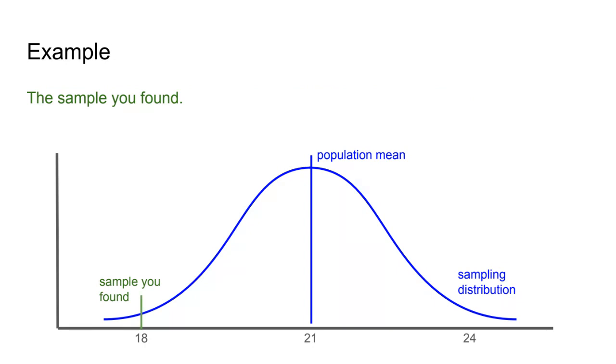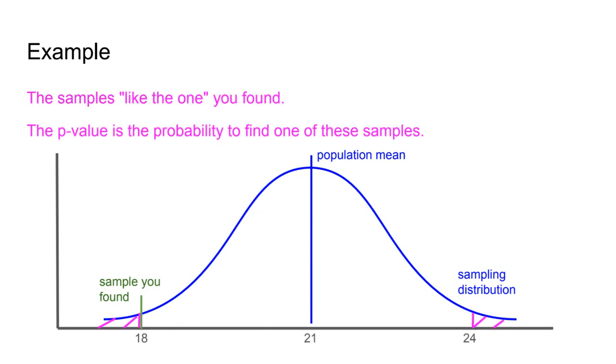So that's the green part in this picture. Now, for finding the p-value, we have to think about, well, what are the samples like the one, right? And like the one means at least as far away from the population mean as 18. So that is the pink area in this picture, right?